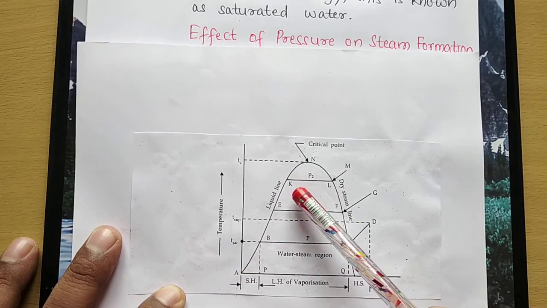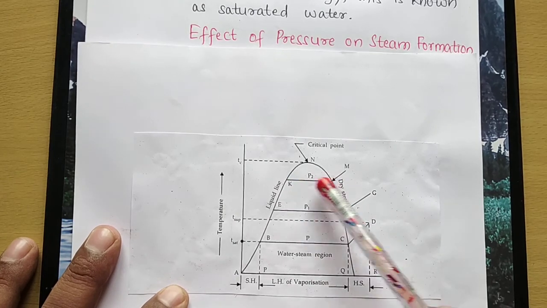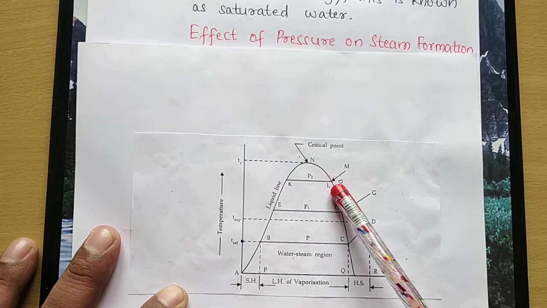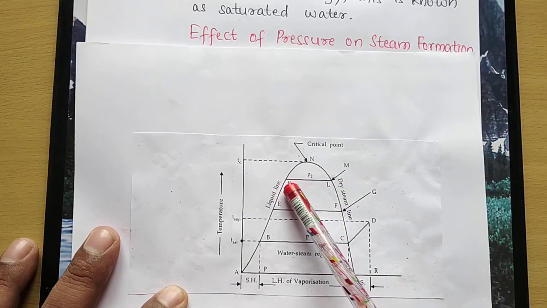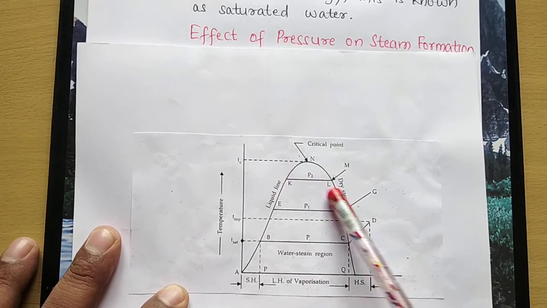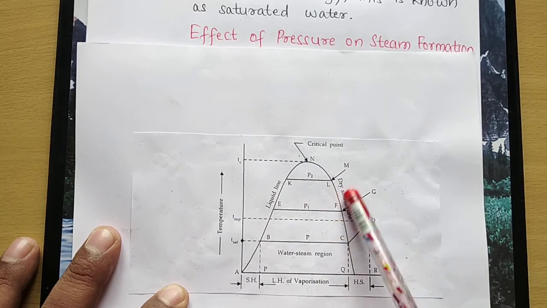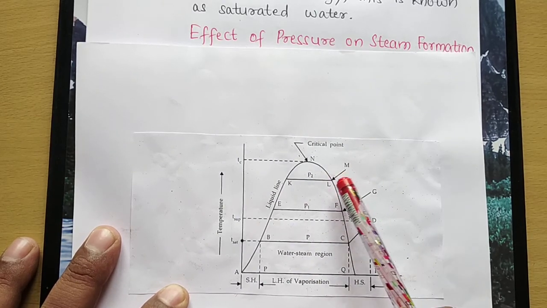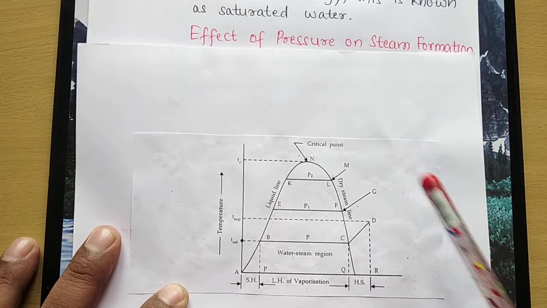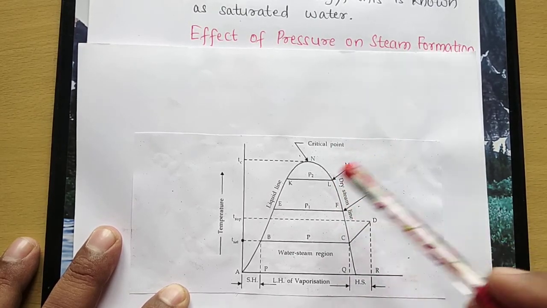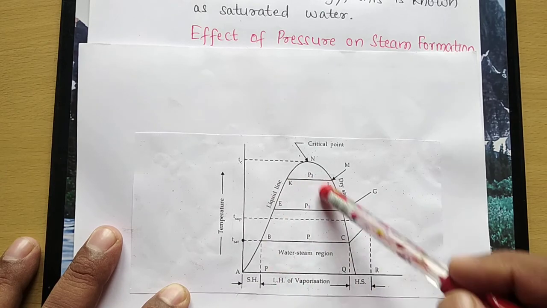Then from K to L is the latent heat of evaporation, where the change of phase takes place from liquid to gaseous state. At L you have dry saturated steam, and then from L to M it will be the superheat region. So this is the superheat region, this is the subcooled region, and this is the two-phase region.